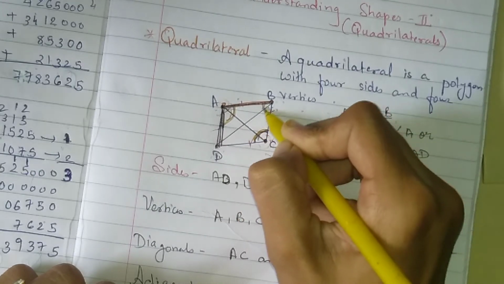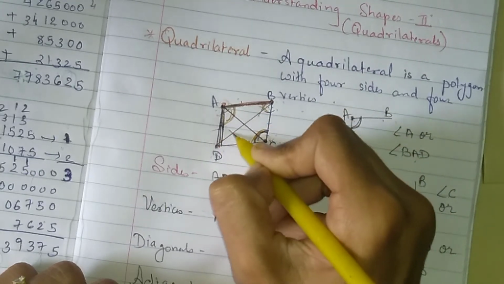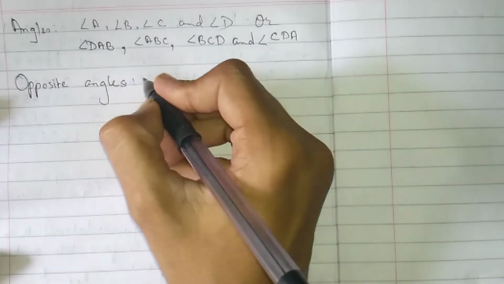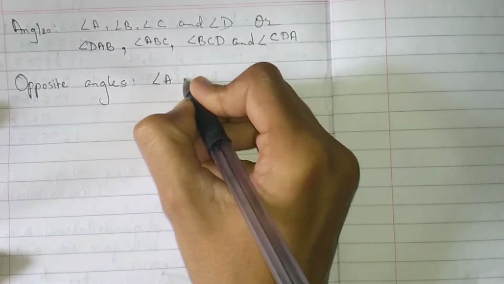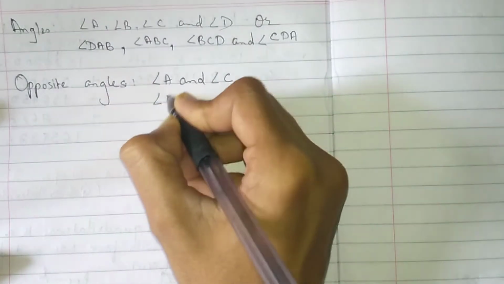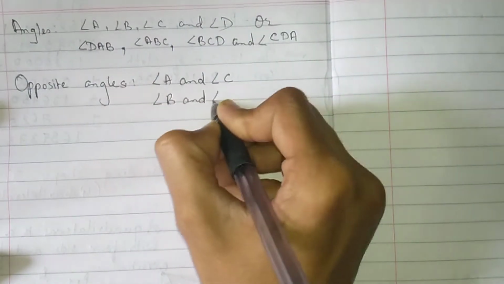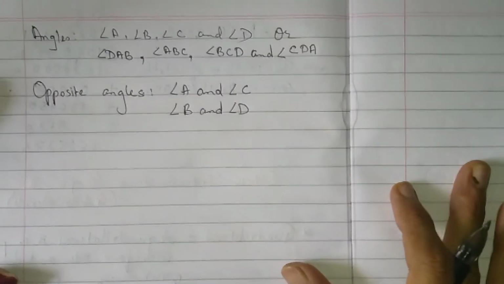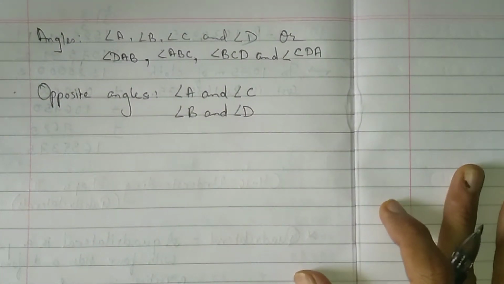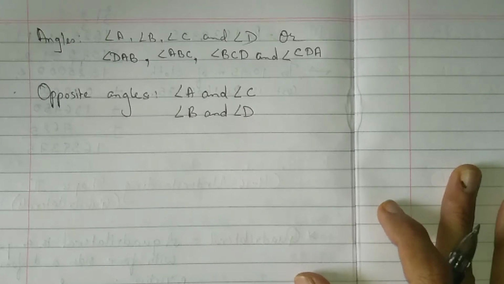Angle B and angle D, second pair. Angle A and angle C, angle B and angle D are the opposite angles. Now next topic is interior and exterior of a quadrilateral.